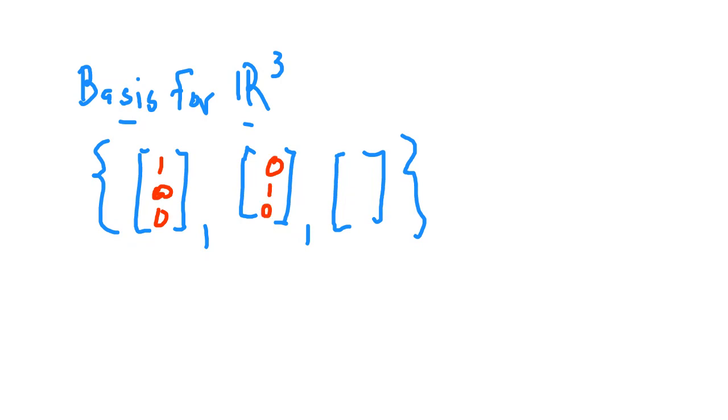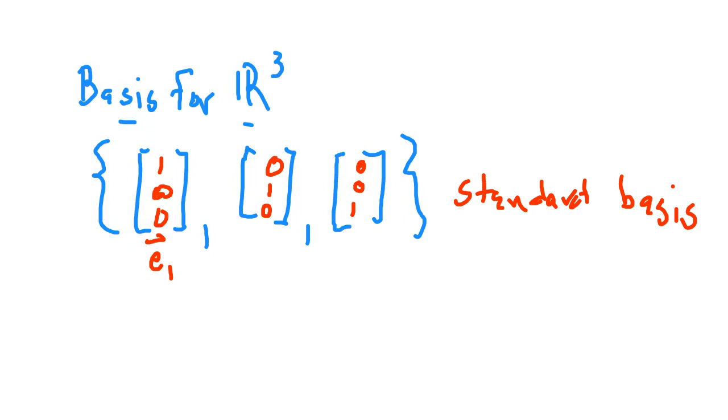Mikhail, good. That's right. So this is called your standard basis. This is the standard basis for R3. Okay. e1, e2, and e3. That set of vectors forms the standard basis. But it's not the only basis, right?